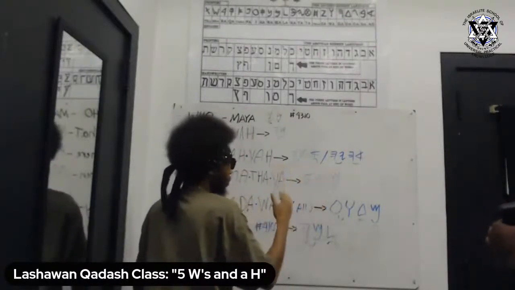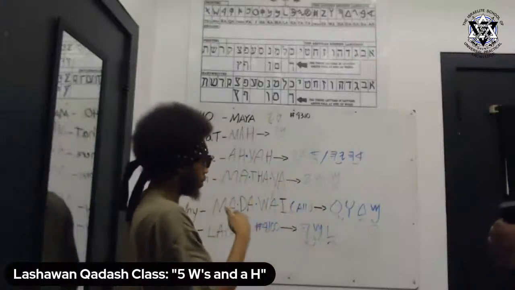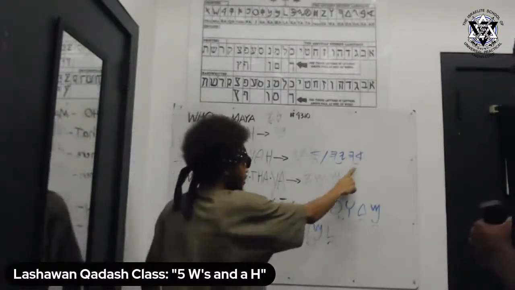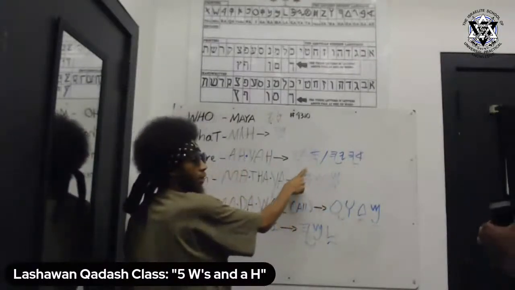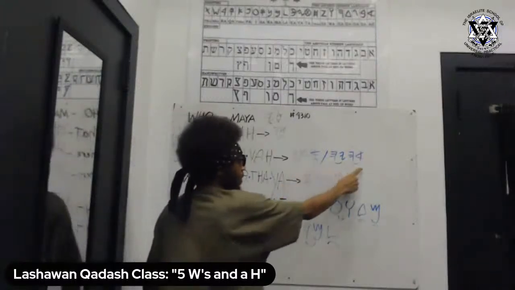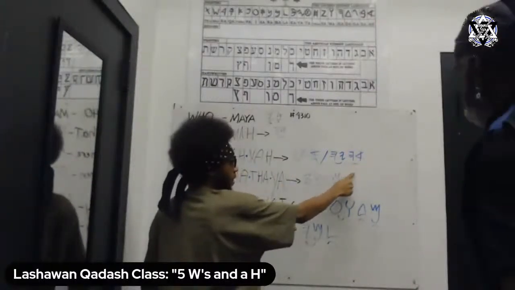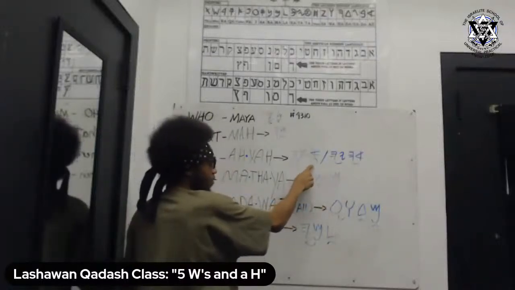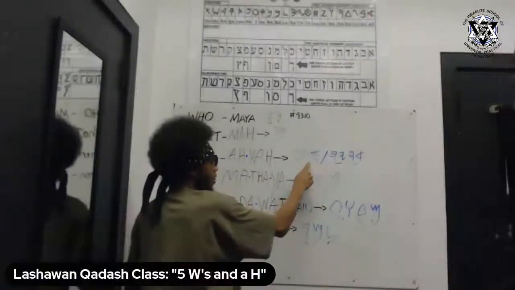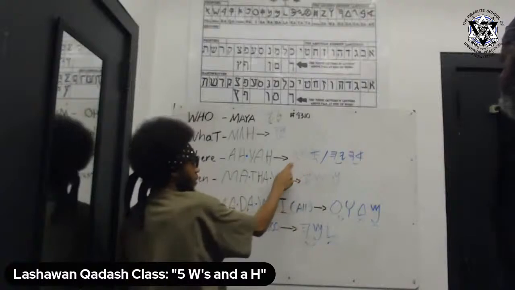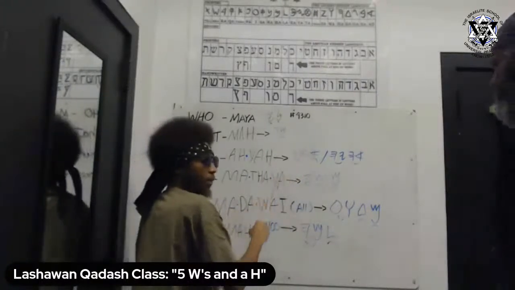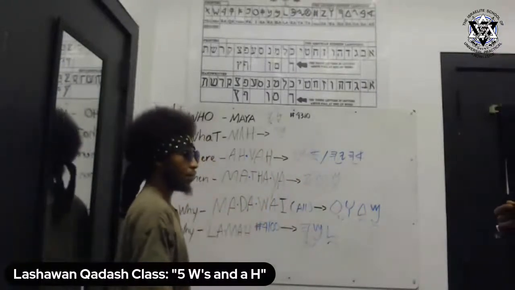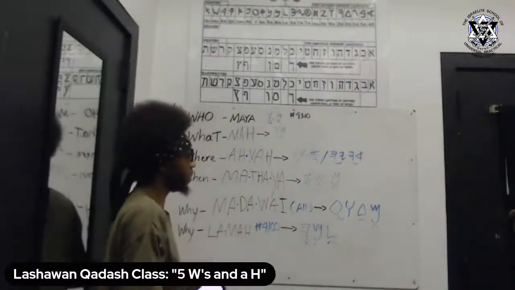Because there are words in Hebrew where, when you write it out, it can be like this, or it can be like that. You would think the two letters are connected, but in some cases it could be like this, where it's just the one by itself, and then the other. You know what I mean? So I wouldn't fault you for that. You feel me? Otherwise, that was very good.